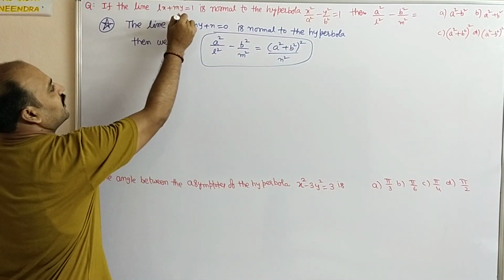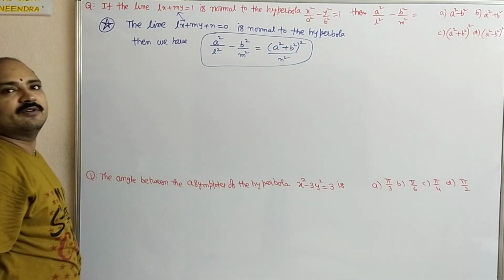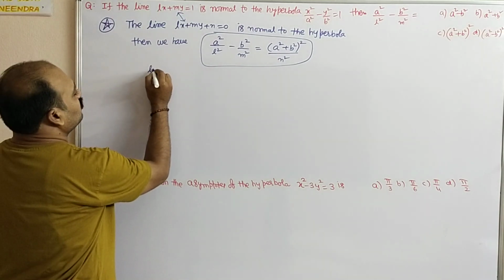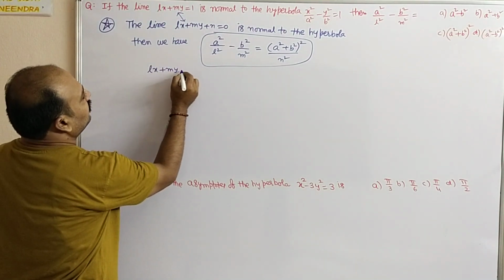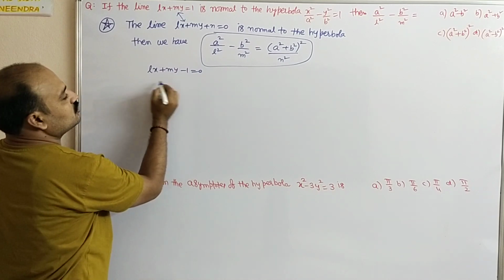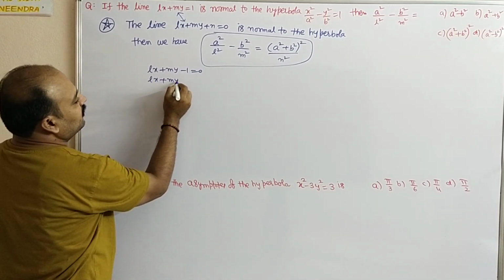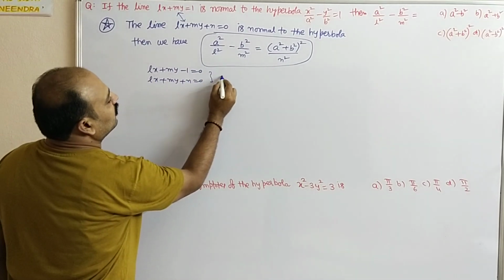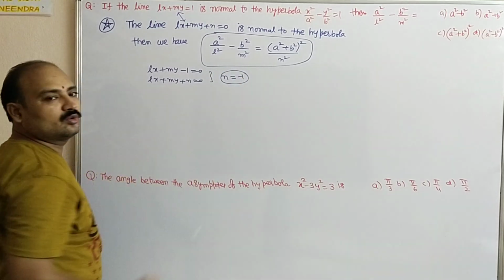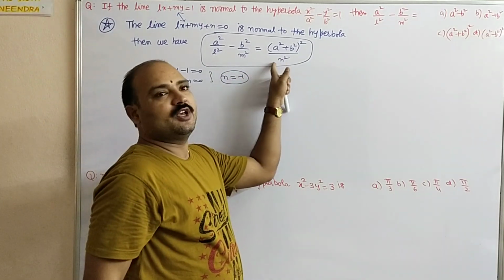By observing this line, comparing with Lx plus My minus 1, so Lx plus My minus 1 equal to 0. When you compare with Lx plus My plus n is equal to 0, n is equal to minus 1 only, no? So n is equal to minus 1, substitute here.